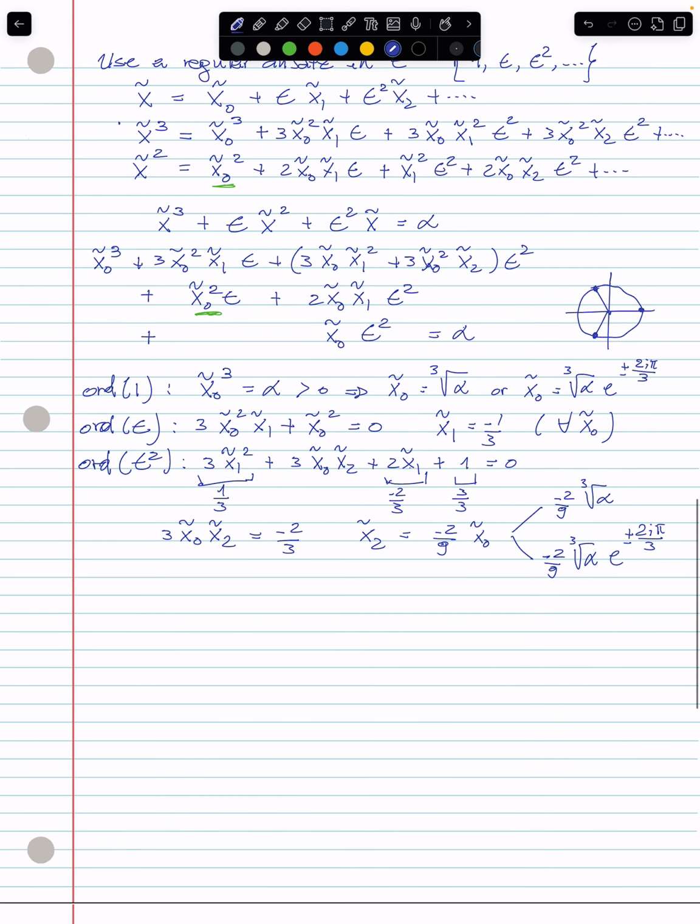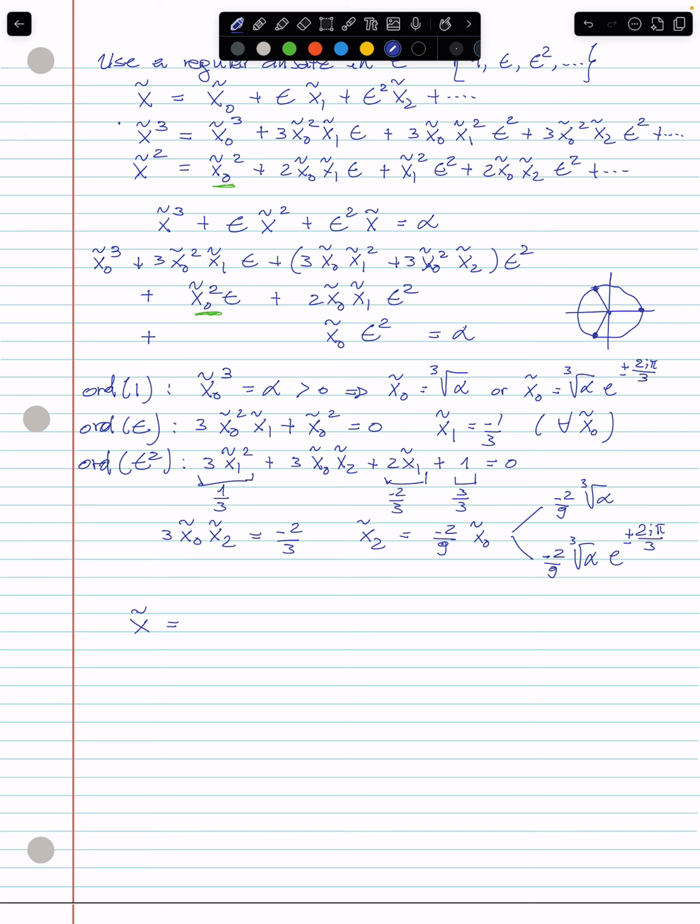So x is equal to epsilon to the power minus 1/3 times x tilde. Maybe just in between, let me just write x tilde. Let's summarize first.